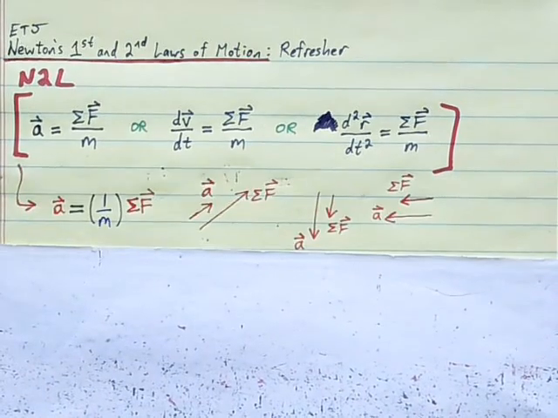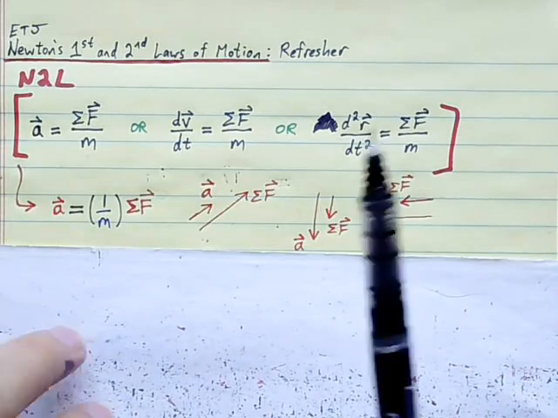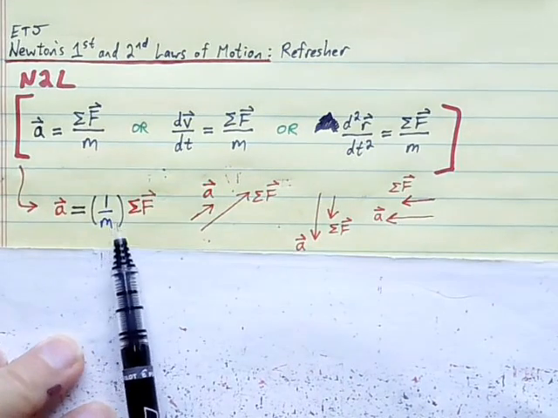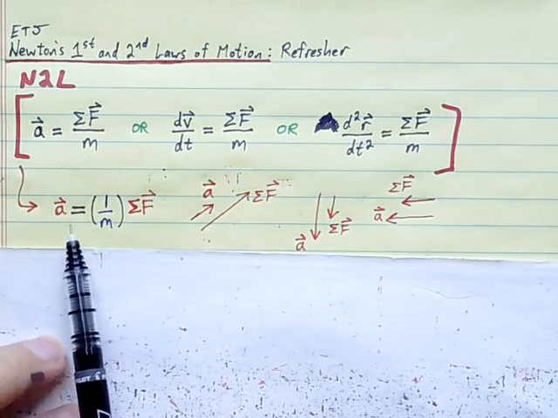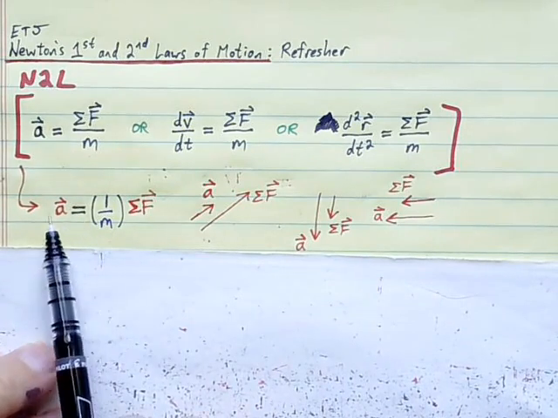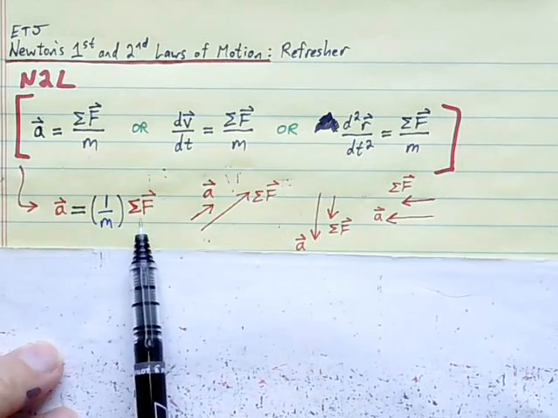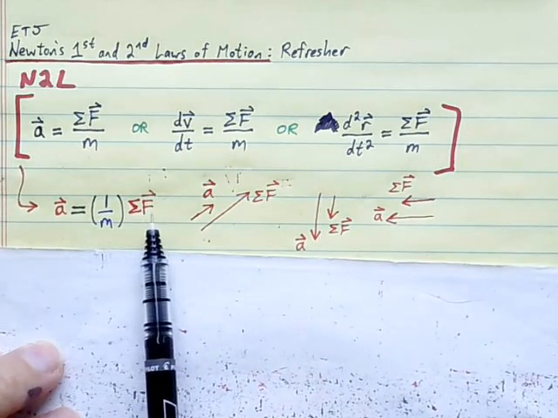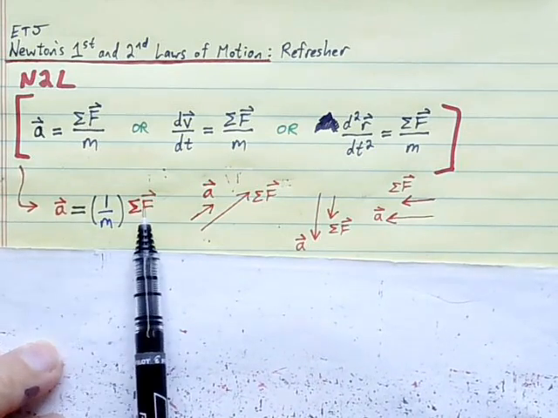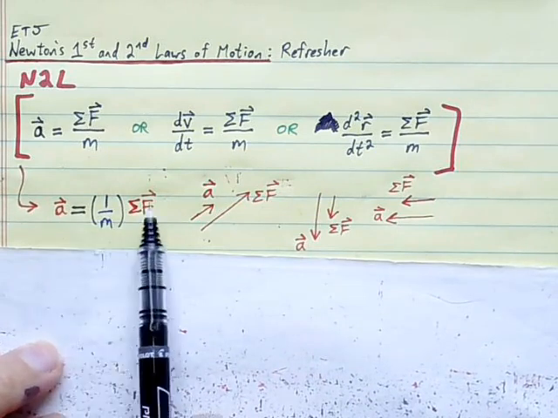Still more on the vector nature of this equation. Noting that mass is a scalar, and so the reciprocal of mass is a scalar, this equation says that acceleration, which is a vector, equals this scalar times net force, which is a vector. And therefore, acceleration and net force, those two vectors always point in the same direction.